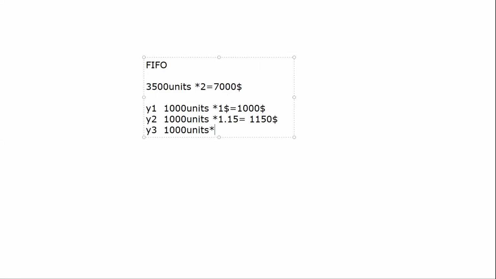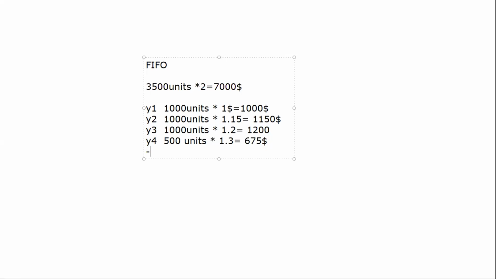In year 3, we sold at 1.2 in the table, so $1,200. And in year 4, we are still left with 500 to make it 3,500 in total. We sold it at 1.3, and the total makes $675.